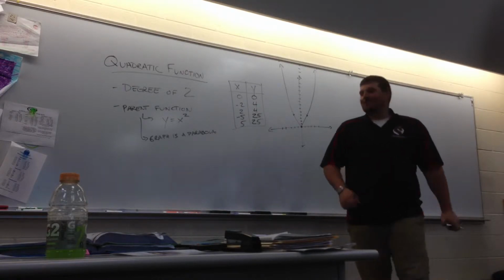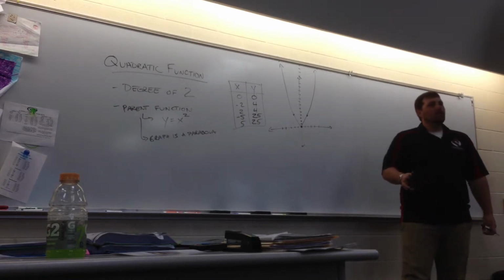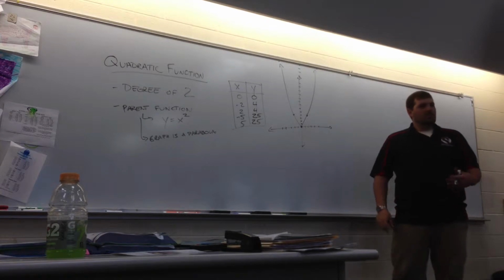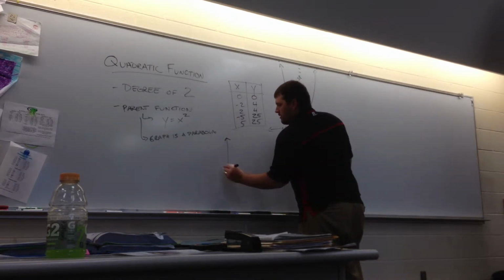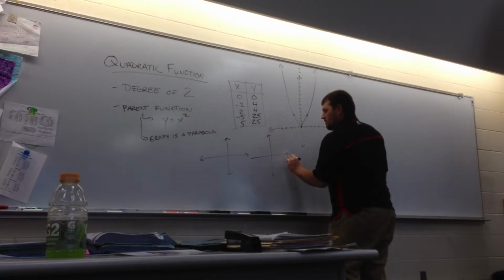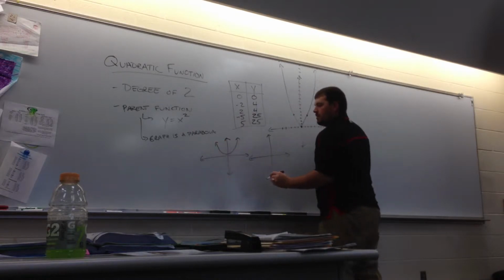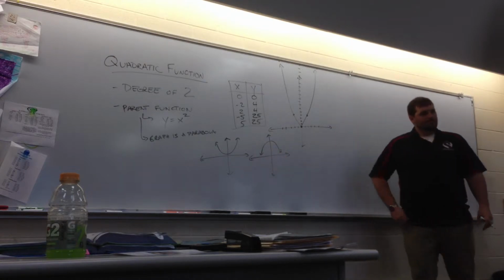Okay. So, when we graph any kind of quadratic, it's going to create a parabola. This is kind of a poor graph, but you get the idea. Now, our graphs can point up or point down.